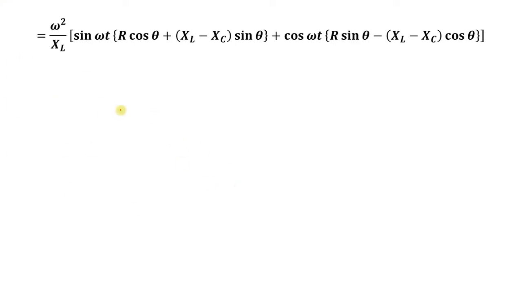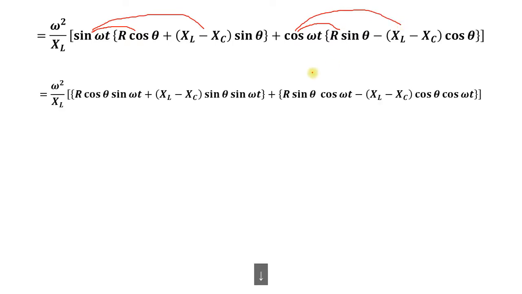So the corresponding equation looks like this: sine omega t into r cos theta plus xl minus xc into sin theta, plus cos omega t into r sin theta minus xl minus xc into cos theta. Now you should multiply this sine omega t like this, and similarly multiply this cos omega t into the terms. Now you expand this equation, it looks like this.